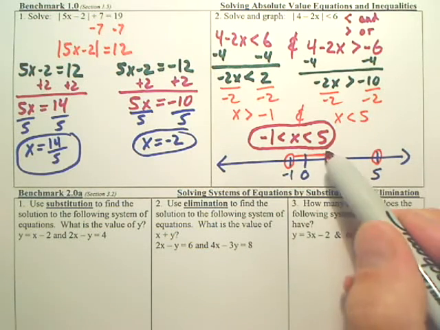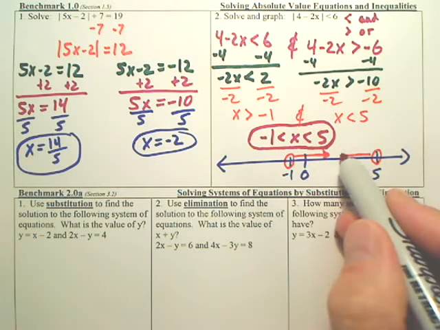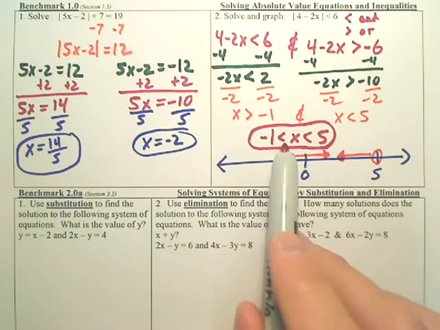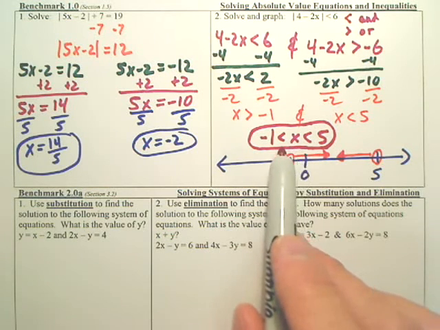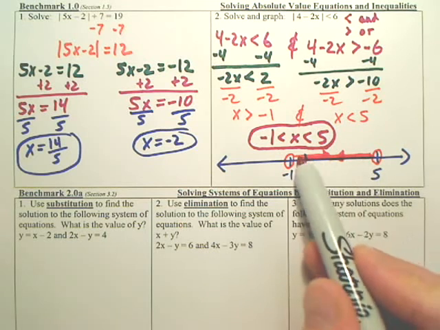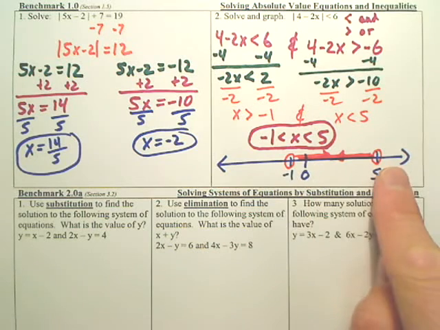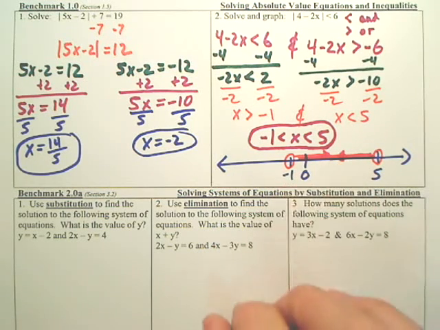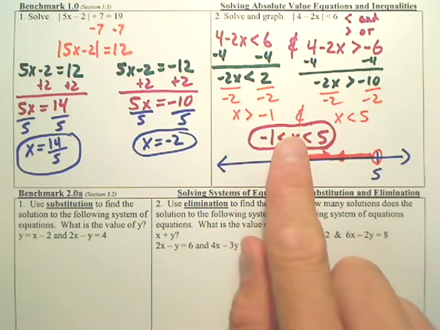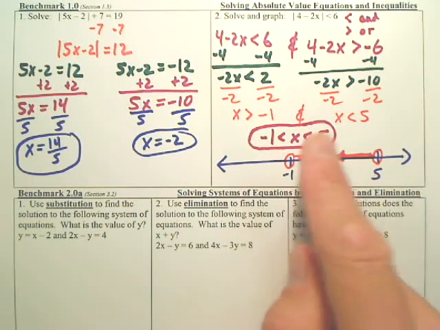So does that mean to go this way? And isn't this less than 5? So wouldn't that go this way? Doesn't this also say x is between negative 1 and 5? So doesn't it basically just mean your answer is between the two? Open circles, shaded between. Now, if this was an or, our graph would be going out. And we just write the word or in between.